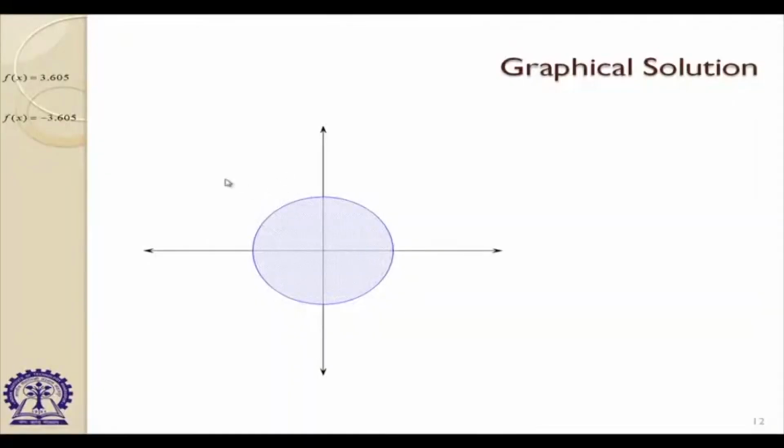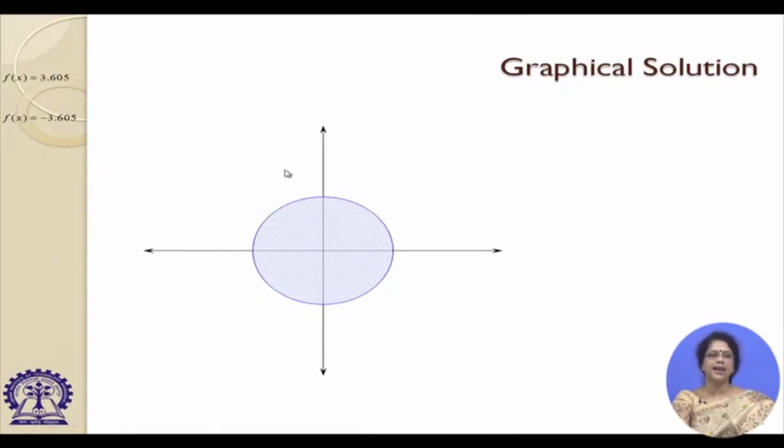You know the gradient would always be directed this way, because at any point the gradient would be directed outside: if I consider the tangent, then the normal to that tangent would be the gradient, as you know. That is why these are the gradients at each and every point on the constraint space.